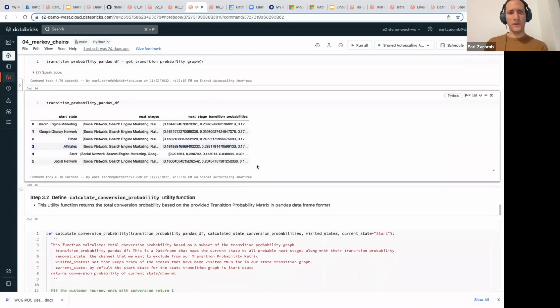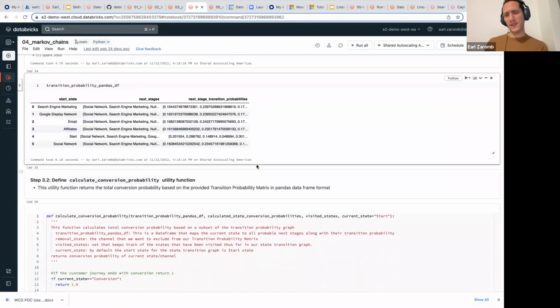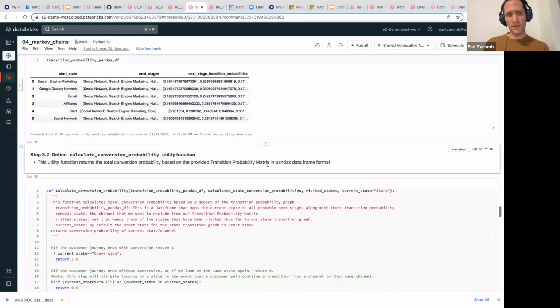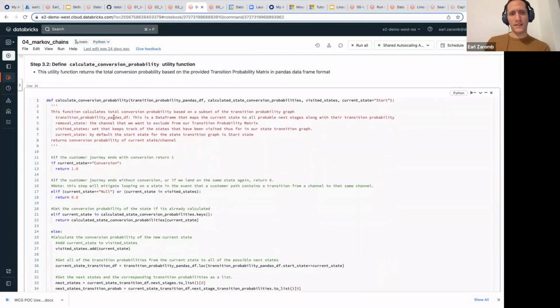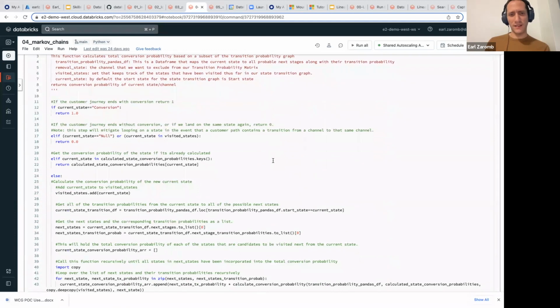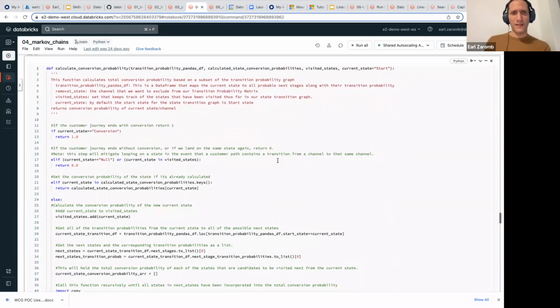And then from there, we start doing the step where we take out, or look at, the effects of each individual channel. So we have another function that we've defined in Python that's going to do this calculation for us.